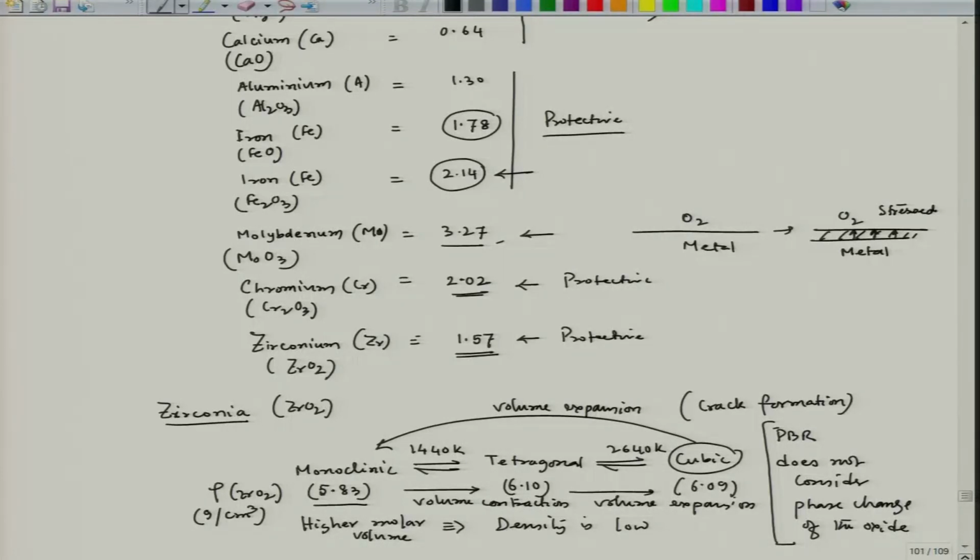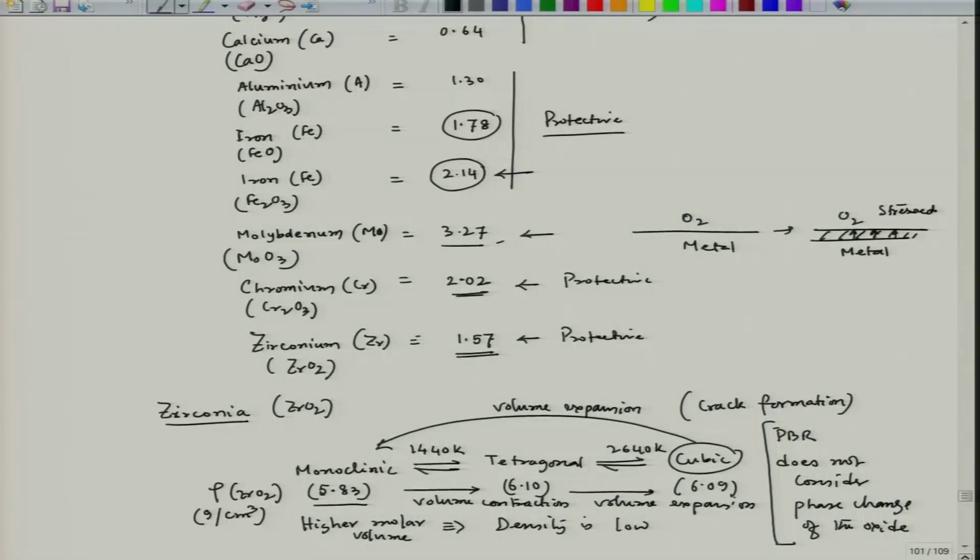Now, of course, if you add yttrium or magnesium or calcium to that zirconia, it tries to stabilize the cubic phase at room temperature.